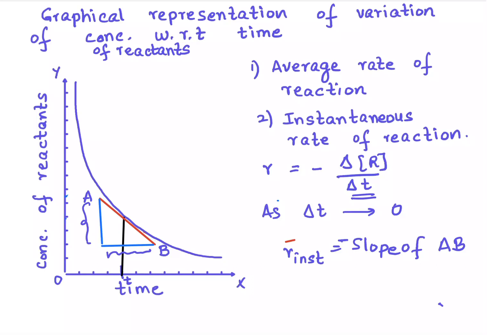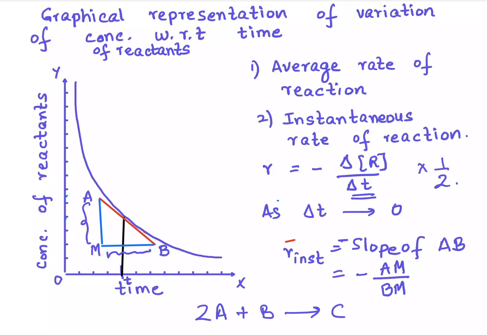So let's suppose this point is M. So this would be negative AM upon BM, perpendicular upon base, or what some students prefer to call the rise divided by the run. And again, don't forget, if there is a coefficient, you will divide it by the coefficient for that particular reactant.